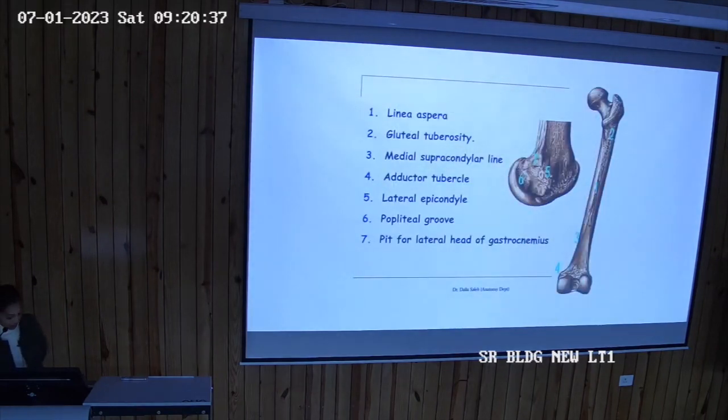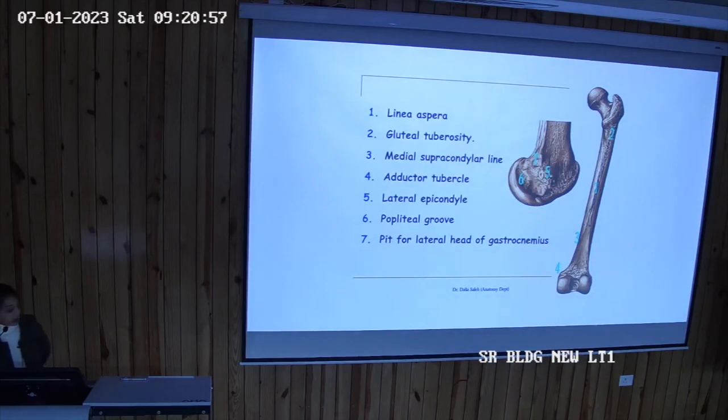On the back, or posterior part, of the femur, we had discussed that there is a ridge running over here, which is known as linea aspera. Over here we have a roughened part laterally. This is the gluteal tuberosity. This is the lower end of the femur. We have the medial and lateral condyle.